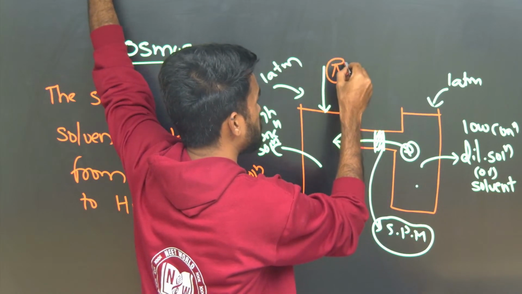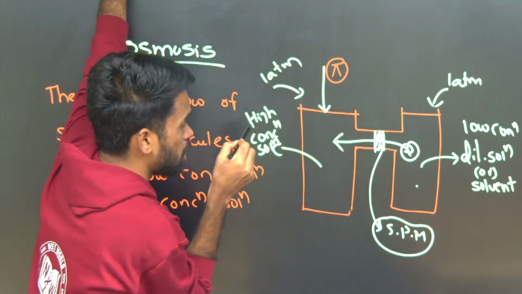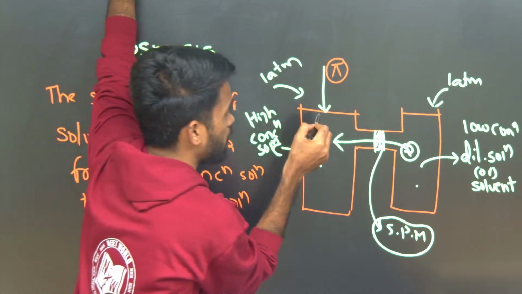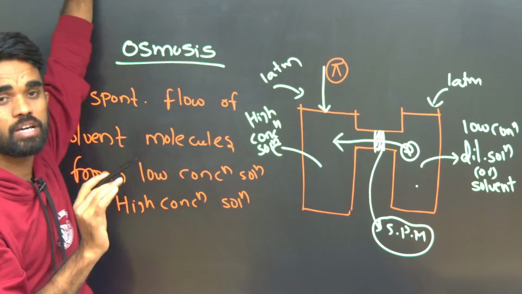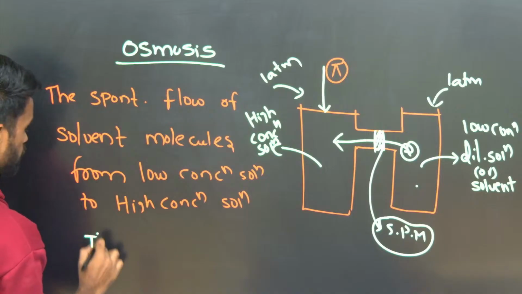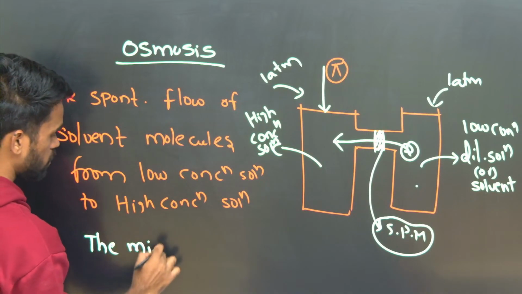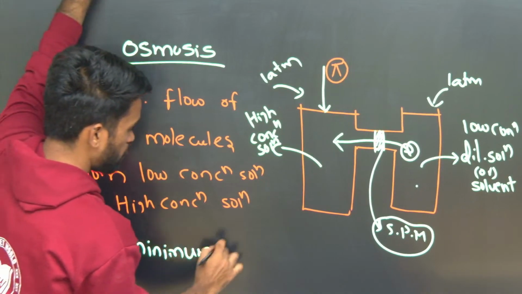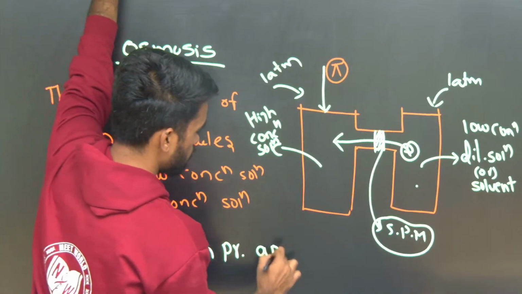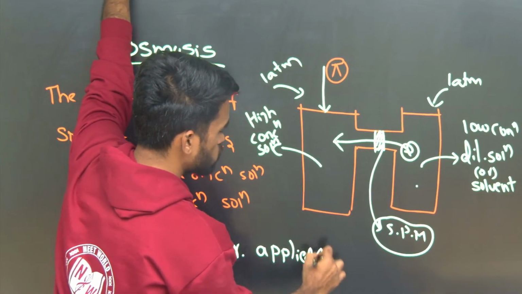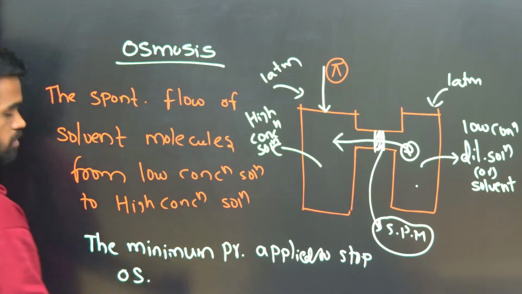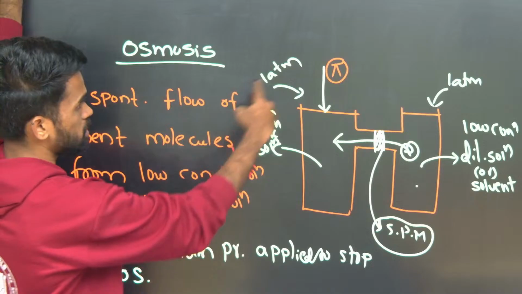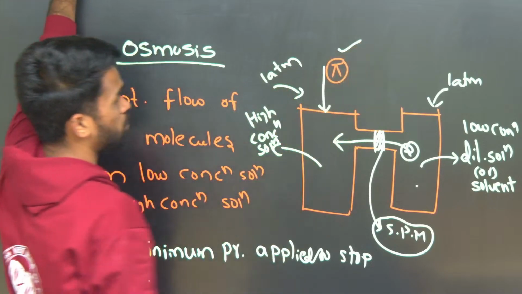Now what is osmotic pressure? The minimum external pressure applied to stop this osmosis process is called osmotic pressure. It is indicated with the symbol pi.